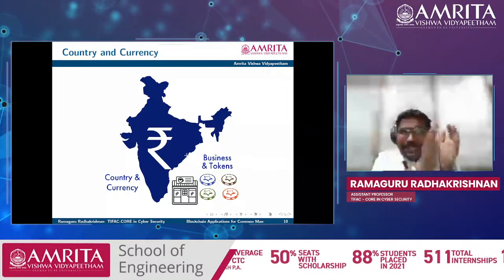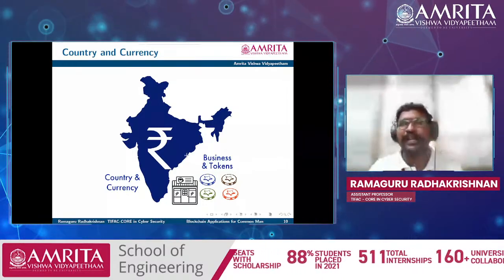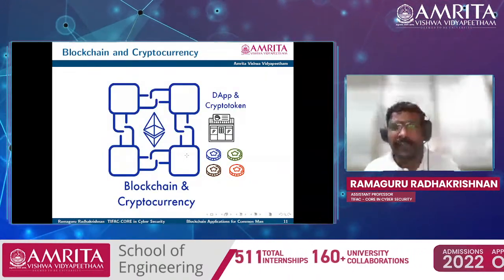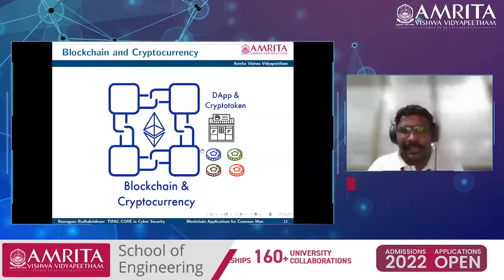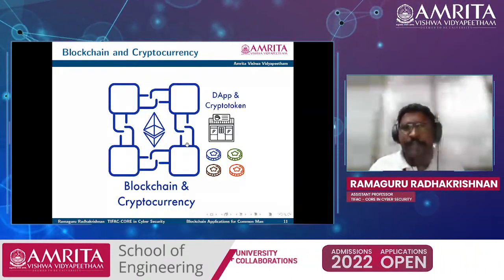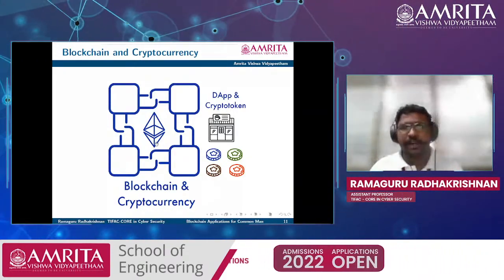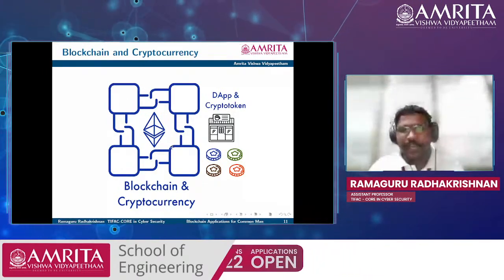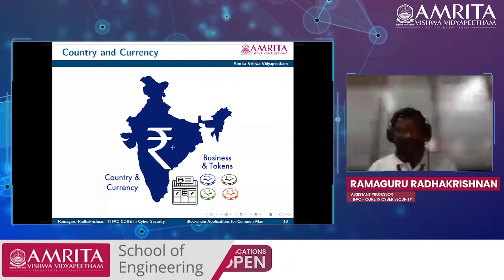Now, let us keep this in mind to understand how blockchain and cryptocurrency are related. Let us take an example of a blockchain called Ethereum. This blockchain is very much similar to a country like India.